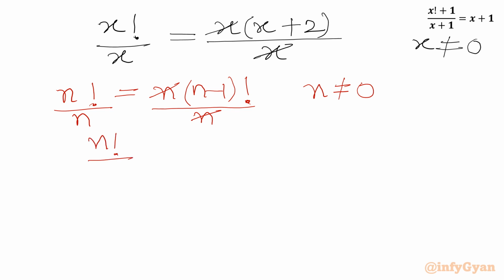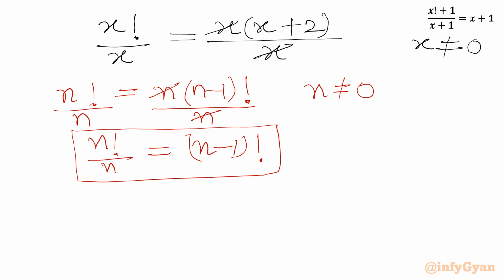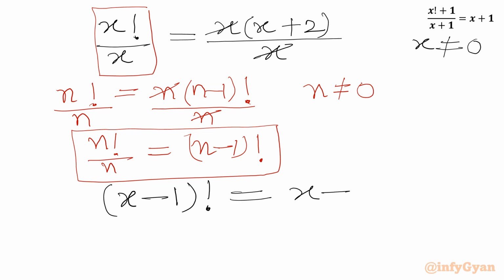So n factorial over n equals (n minus 1) factorial, which we will apply in our LHS. So I can write our equation as (x minus 1) factorial equal to x plus 2. Let me write here: (x minus 1) factorial equal to x plus 2.